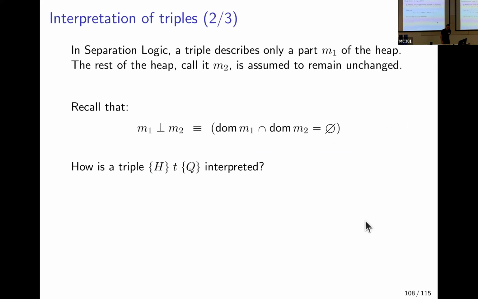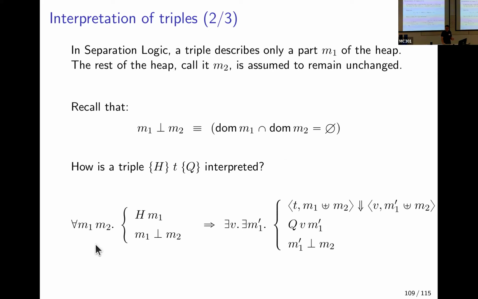But what is more interesting, because we're talking about separation logic, is that you can talk about a triple that talks about some part of the heap only, say M1. The rest of the heap would be, say, M2. When we talk about just M1, we have to say that M2 is unchanged. So the triple H t Q becomes something like this.